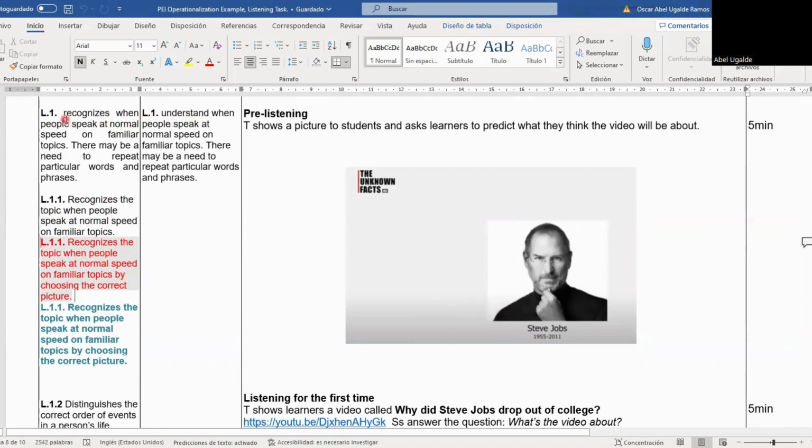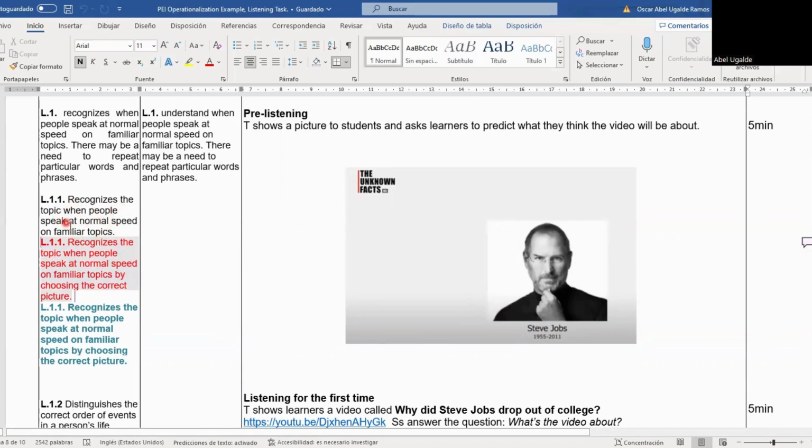Remember, L1 for the goal and assessment strategy, and we have one letter and two numbers for the indicators. Remember, you can create your own specific indicators, or you can take those indicators from the indicators compendium that the National Advisory has created for us. So L1.1 recognizes the topic when people speak at a normal speed on familiar topics.